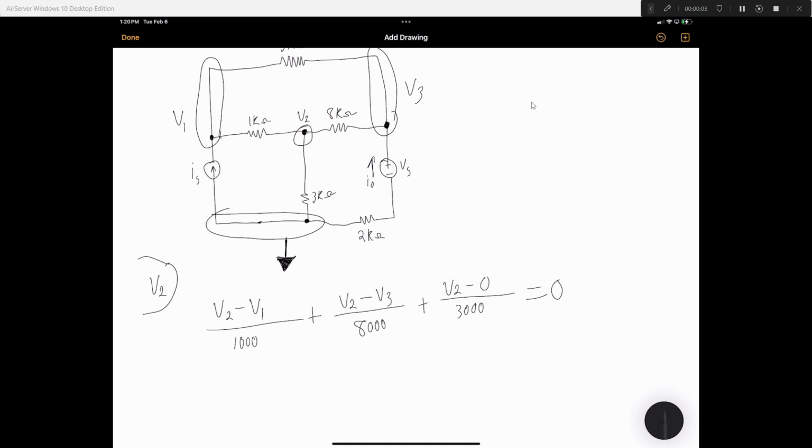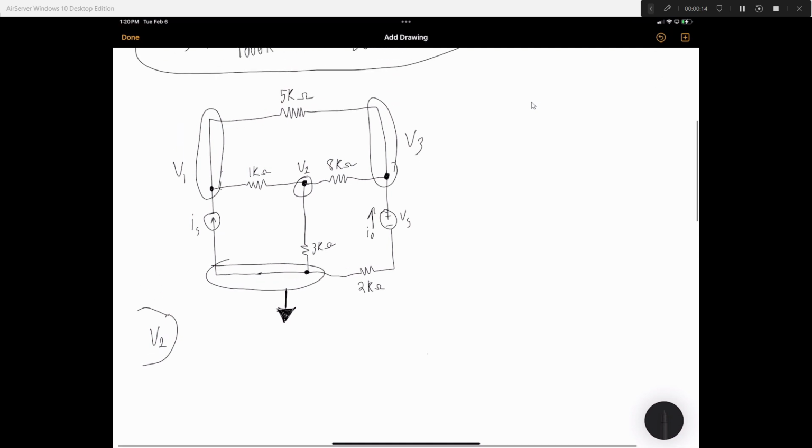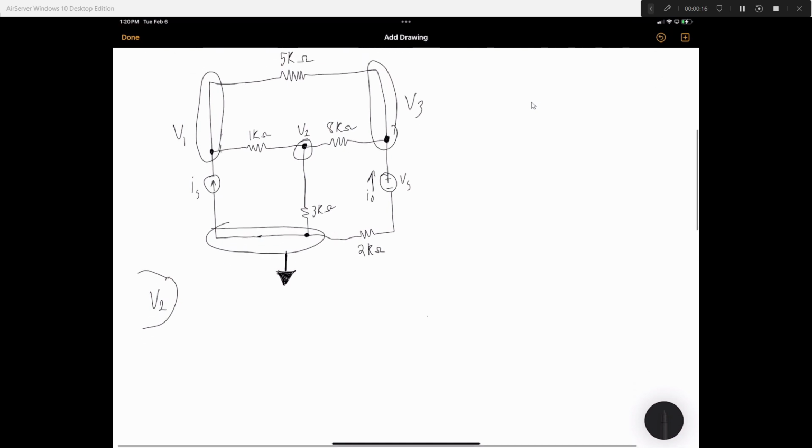Okay, we're back. Recording stopped for some reason, which is weird, so I'll do this one over again. We're doing the node at V2 now. From V2 minus V1 divided by 1000, we're going from this node to this node, and that current will be directed this way.